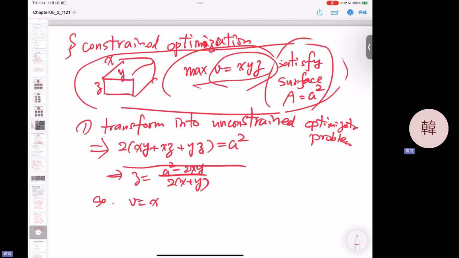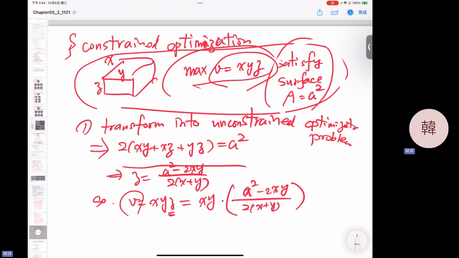I want to maximize the volume. Now z can be replaced by the previously derived a squared minus 2xy over 2(x plus y). Just replace it. Now you have your function, like our previous example for an unconstrained f of x, y. How can you do it?